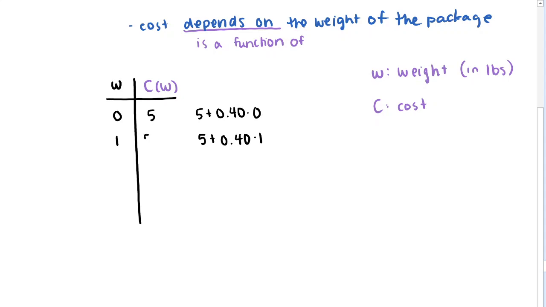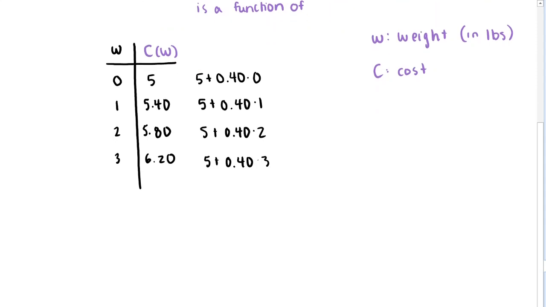So this is 5.40. And for a 2 pound package, we have 5 plus 0.40 times 2, right? 2 sets of 40 cents added on to $5. This gives us 5.80. 3 gives us 5 plus 0.40 times 3 for $6.20. And we can keep this going, but maybe you get a sense of how the rest of this table looks.